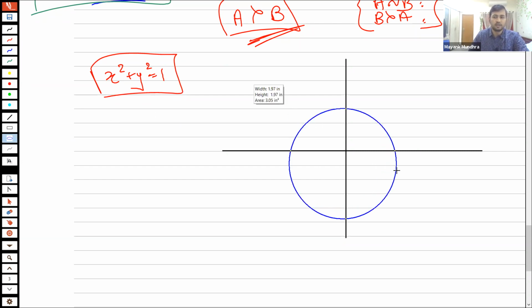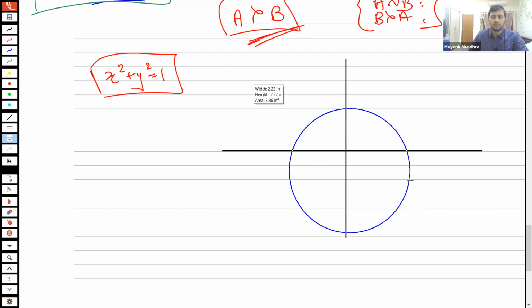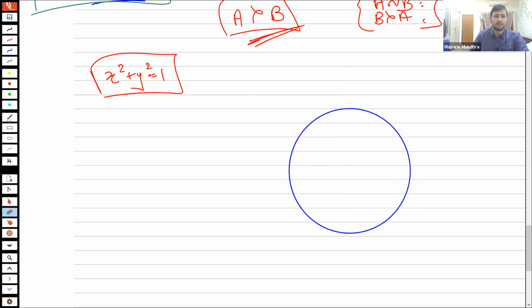So it's a circle with a unit radius and centered on the origin.